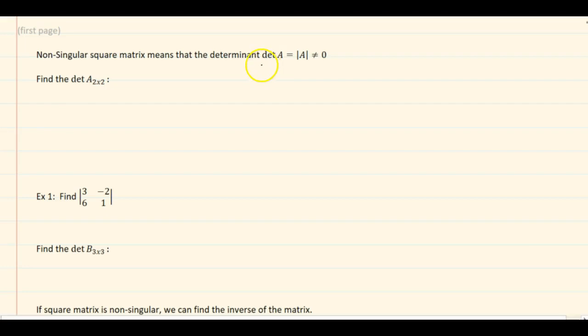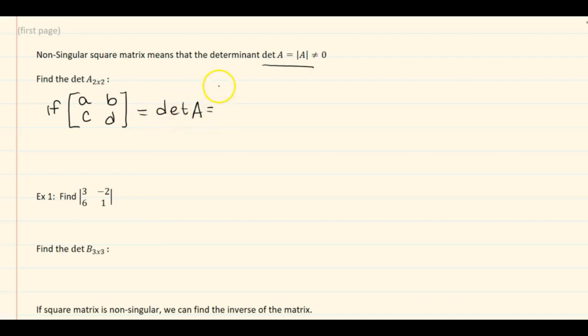Notice that we can write the determinant of matrix A in this format. So in order to find the determinant of a 2 by 2 matrix, let's start off with a 2 by 2 matrix, we'll call it A, B, C, and D. Then the determinant of that matrix, we can write it like this.